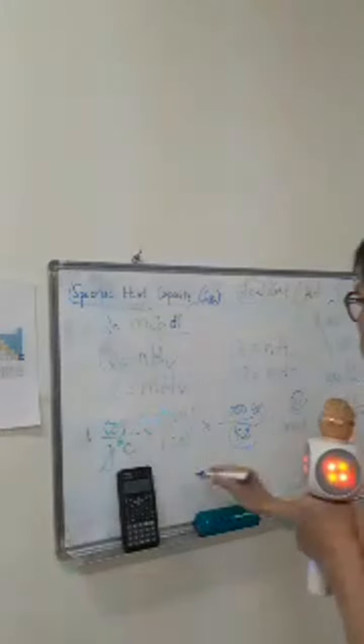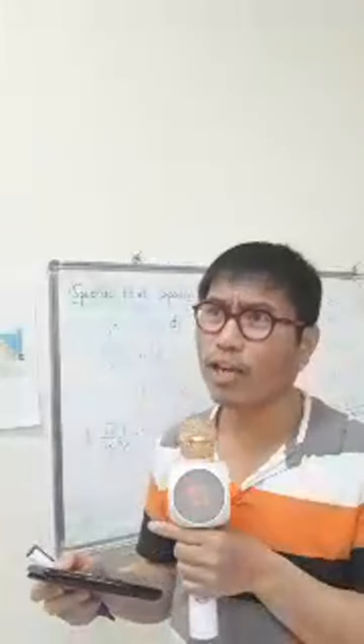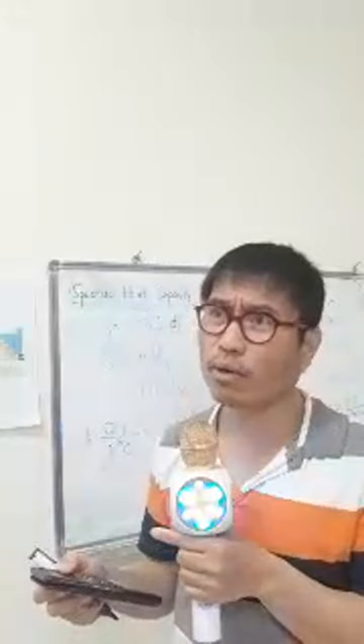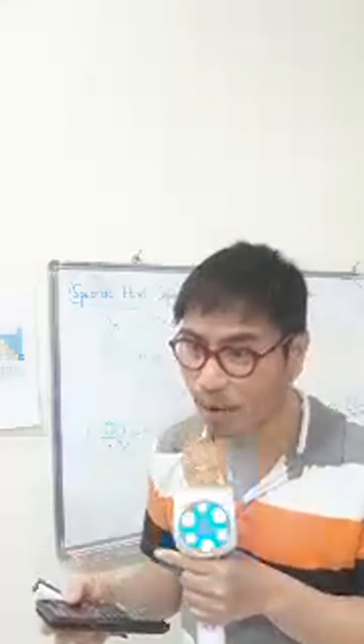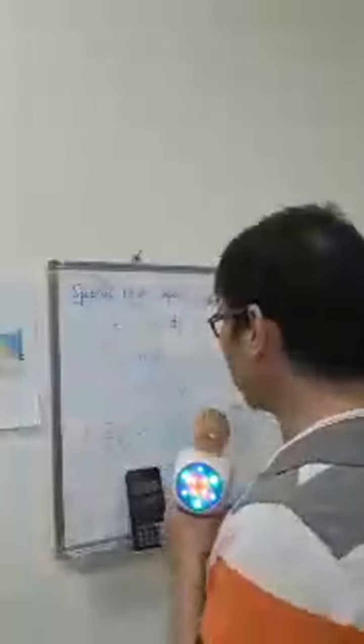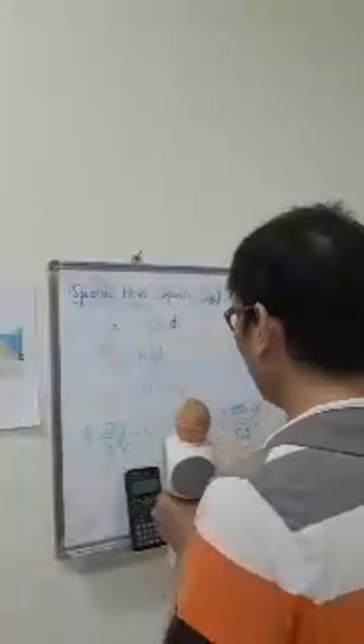Now, in my equation, what remains is kilojoules per kilogram. So let's show this: the value of 2,260 kilojoules per gram, or kilojoules per kilogram, or kilojoules per mole. I don't know exactly what the unit is. That is my problem, but I have the figure.